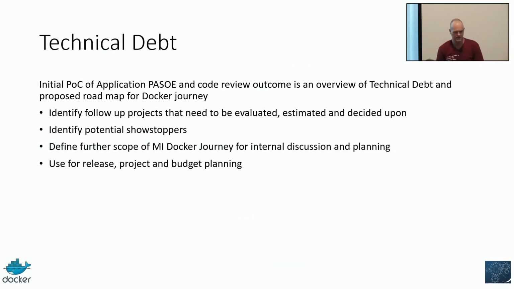One of the things, just wrapping up this discussion, is that what we've covered so far is really the initial getting started with this project. And what we identified from this is what we're calling technical debt for the stuff that needs to be done to not only be running a proof of concept, but actually running their stuff in production.